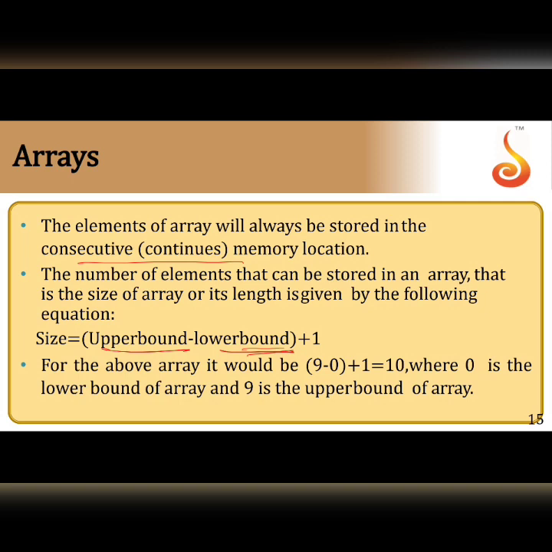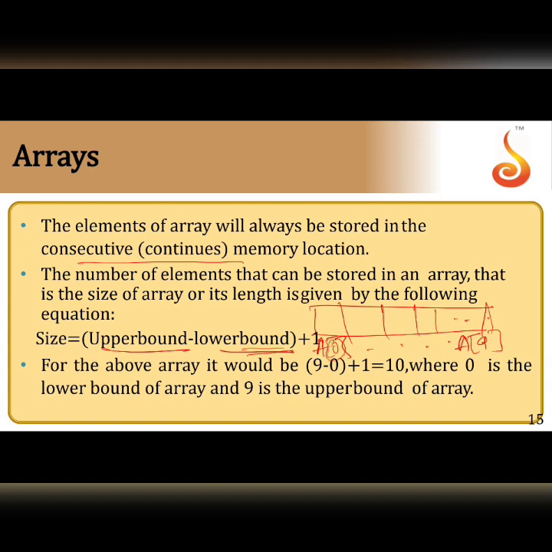Suppose the array is of 10 elements, then it would be something like this. This will be a of 0 to a of 9. That is nothing but 10 elements.